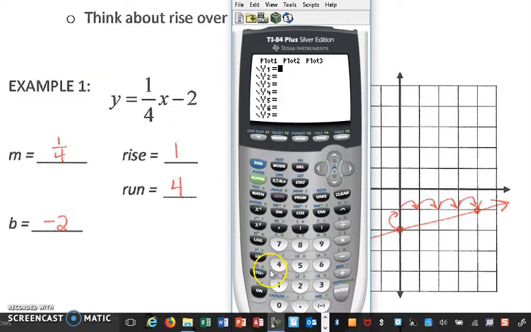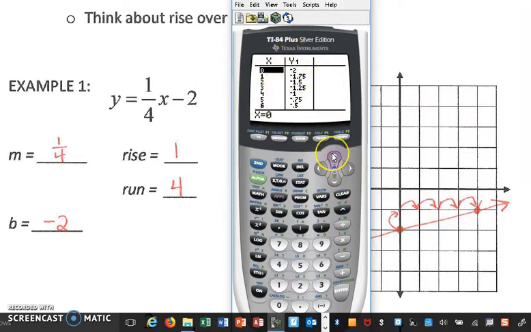Now you can use a graphing calculator to check it. So if you press this button, press 1 divided by 4, x is right here, minus 2, and hit graph. It should match this graph with this graph. And then if you hit second graph, it gives you a table.